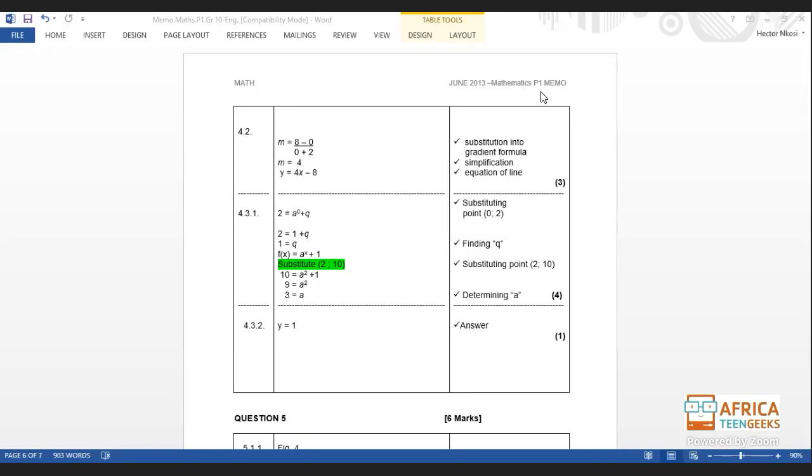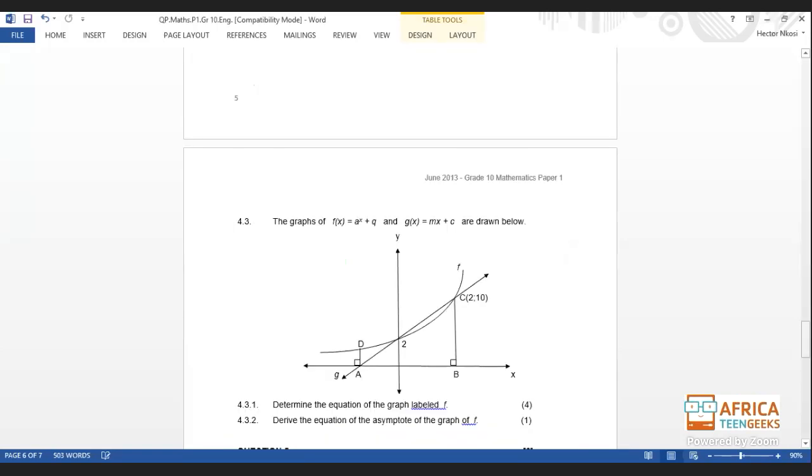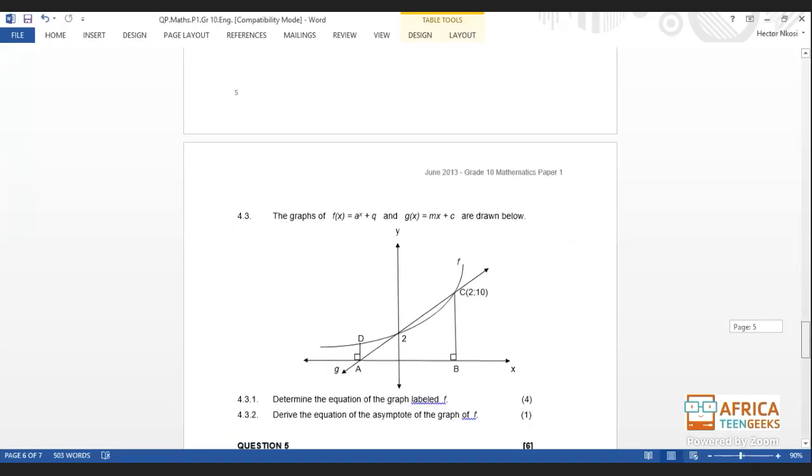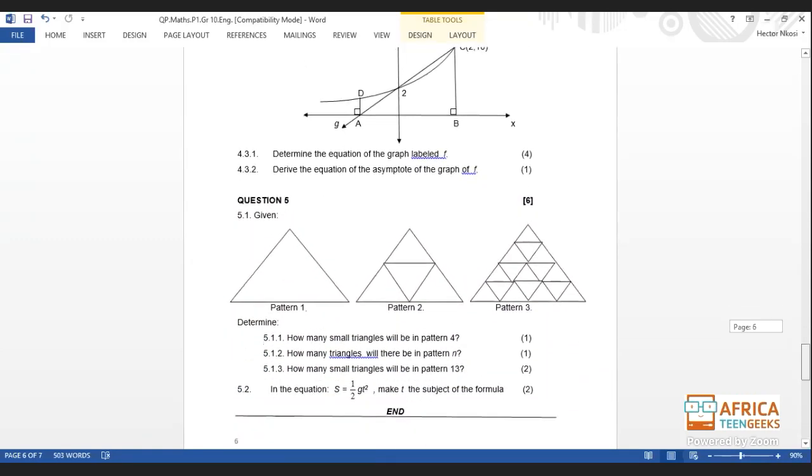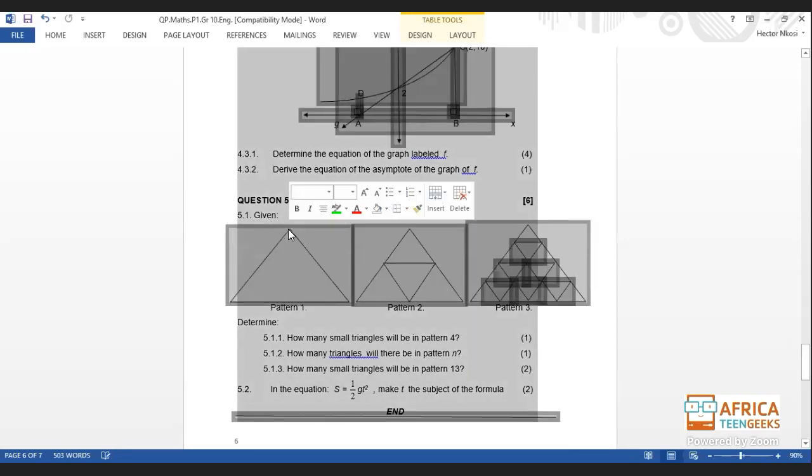Then now, boys and girls, I want us to look at this question now. We are done. These are nice and short questions. We are doing more of consolidations. I want us to look at question 5.